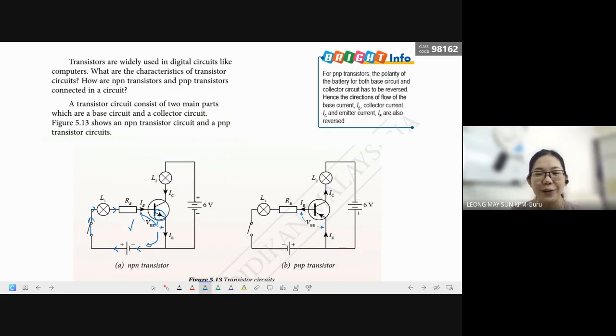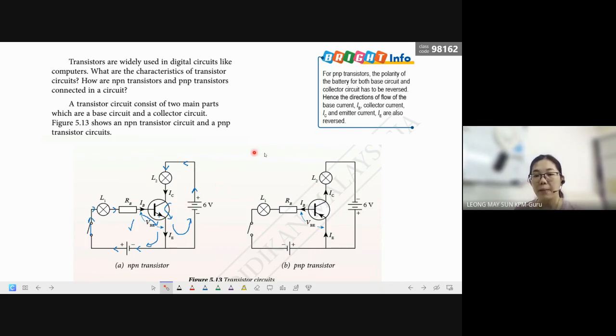The current flows from the positive terminal of the battery, through the collector, passing through the emitter part, and then flows back to the negative terminal. So the direction of the collector circuit's current is in the same direction as the transistor's arrow. Then this transistor is able to function.